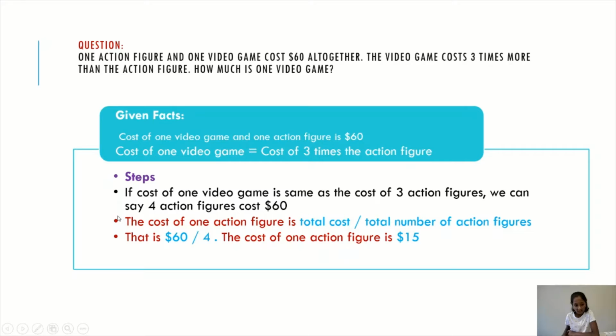Here's our second step. The cost of one action figure is the total cost divided by the total number of action figures. The total cost is $60, and the total number of action figures is 4. See?